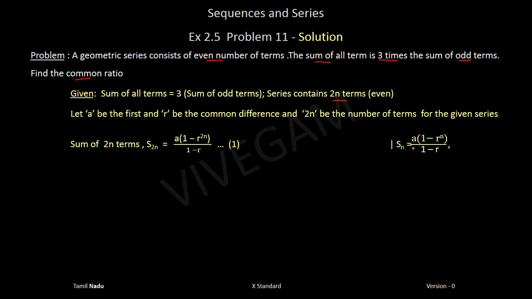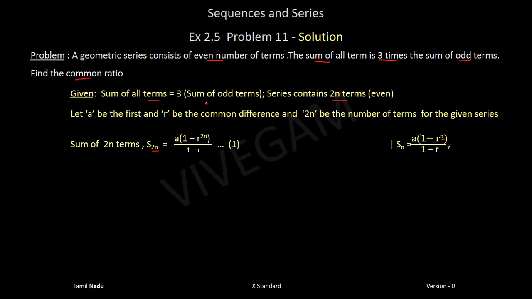For the sum of n terms, our formula is a into 1 minus r to the power of n divided by 1 minus r. Here n is nothing but the number of terms in the series, so this formula gets slightly changed. It becomes a into 1 minus r to the power of 2n, because the series contains 2n terms, divided by 1 minus r. So the left hand side is done.